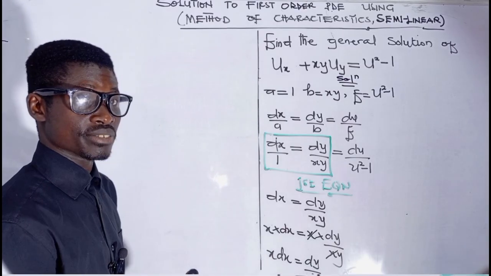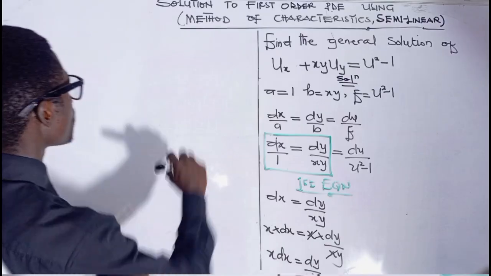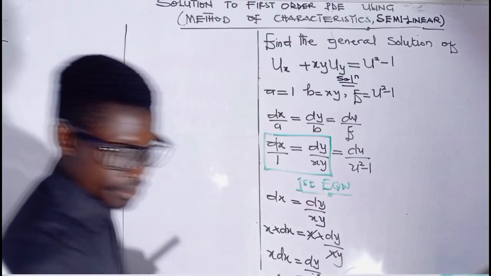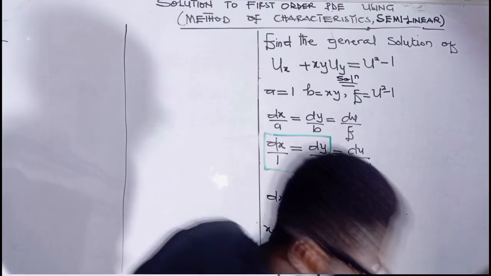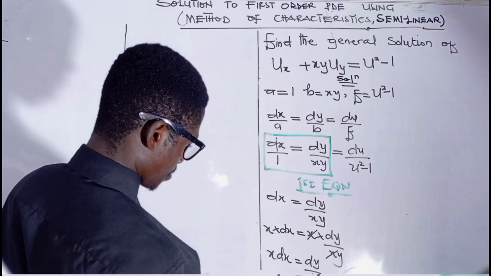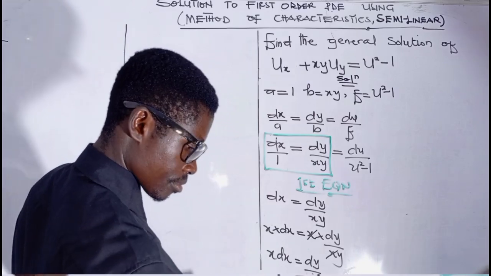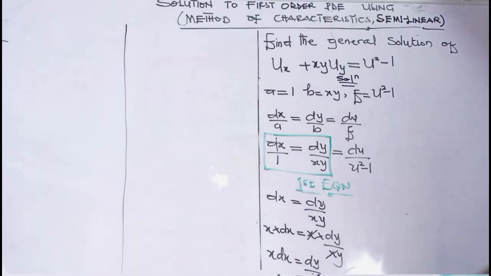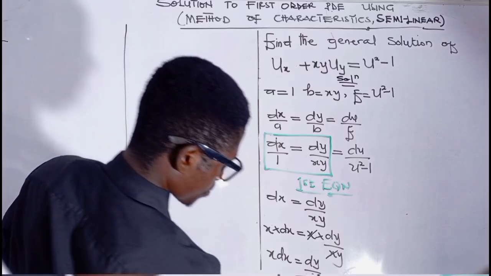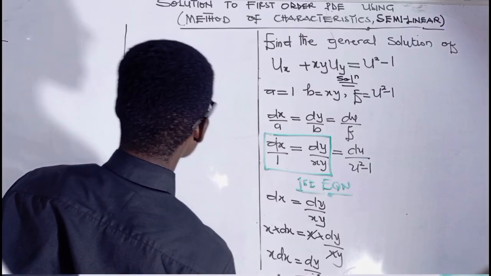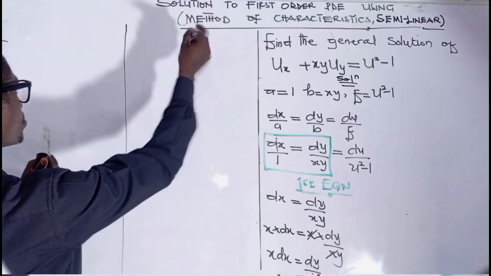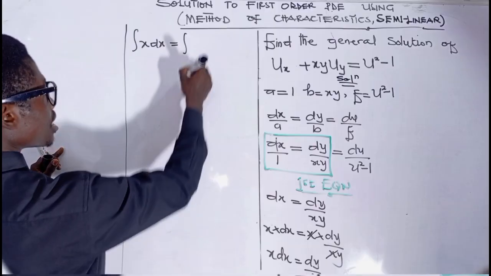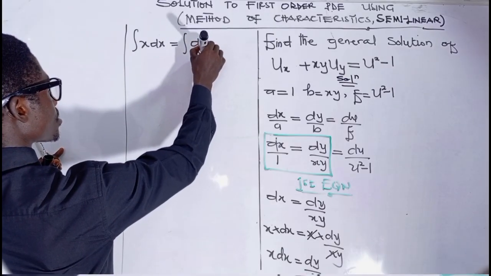So from here, we can just integrate because we have separated the variables. So we are going to integrate both sides. So we have the integral of x dx is equal to the integral of dy all over y.